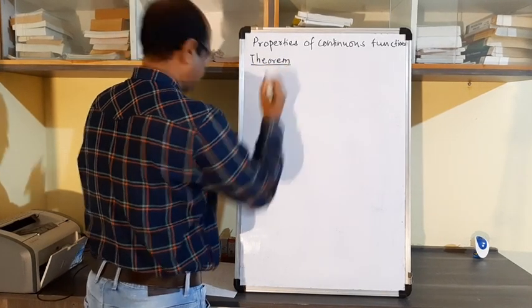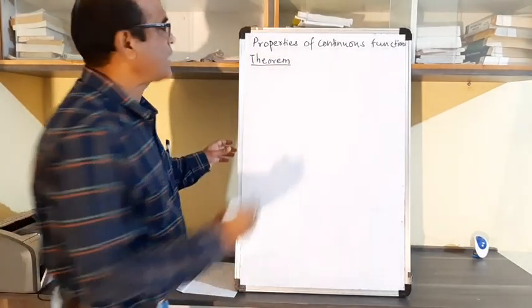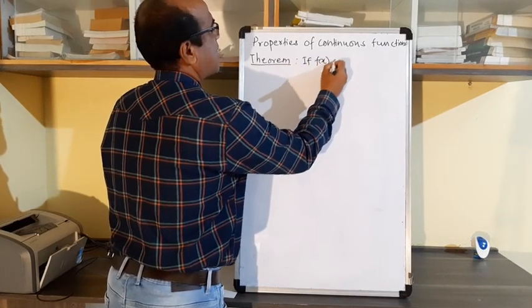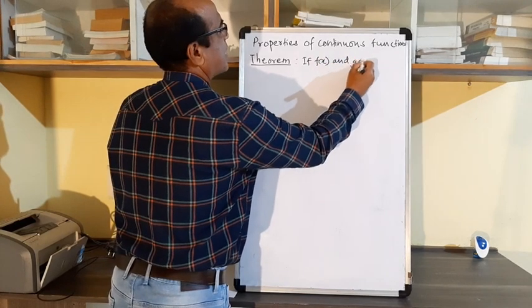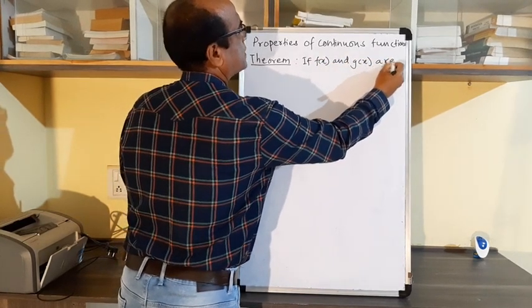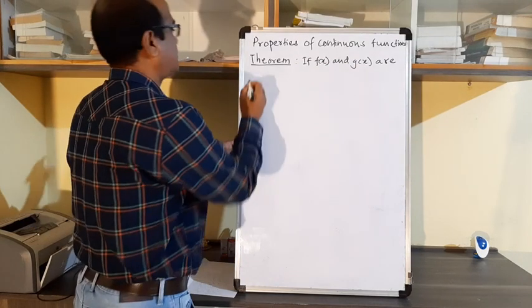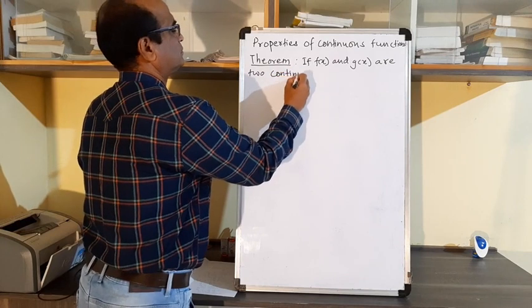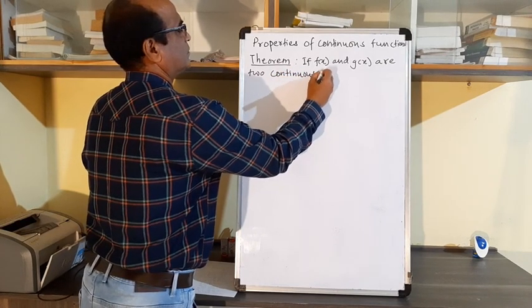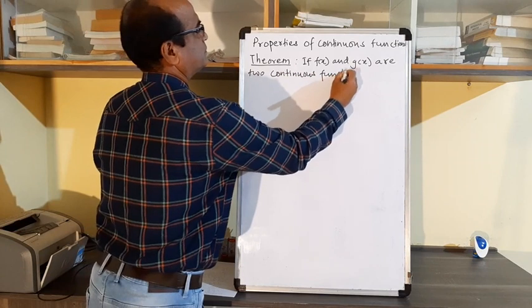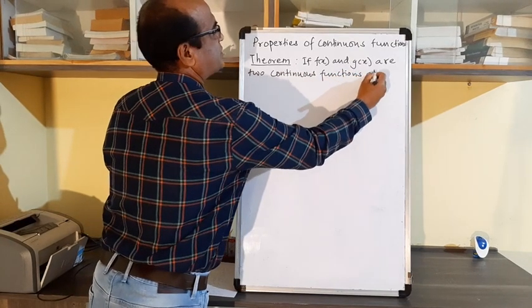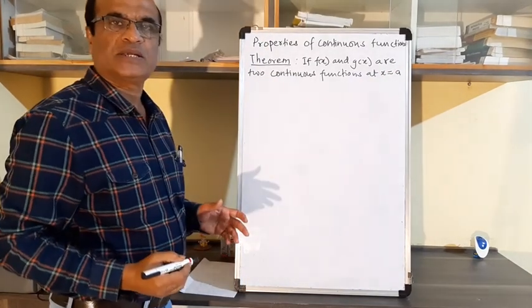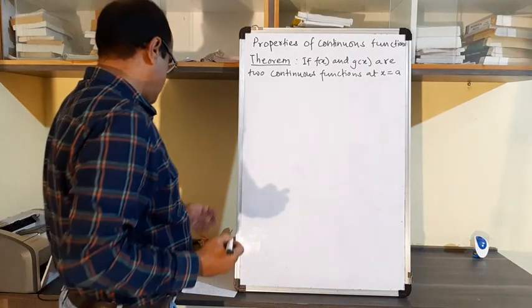Theorem. If f(x) and g(x) are two continuous functions at x is equal to a. So both are continuous functions f(x) and g(x) at x is equal to a.